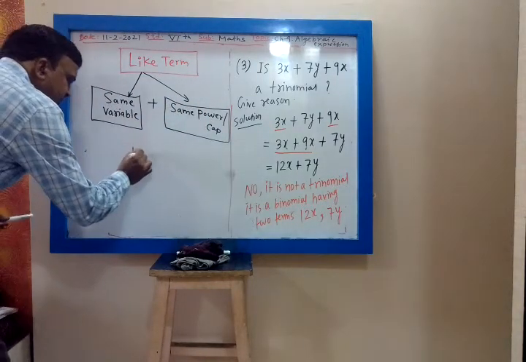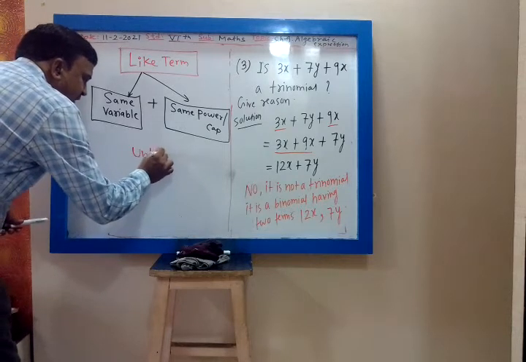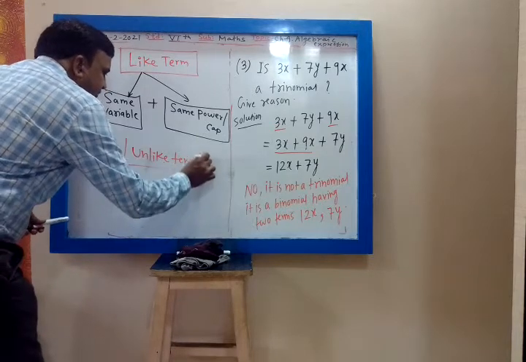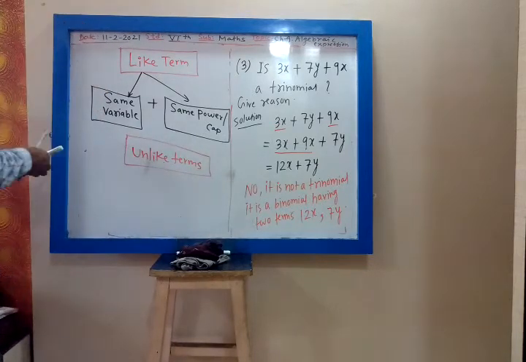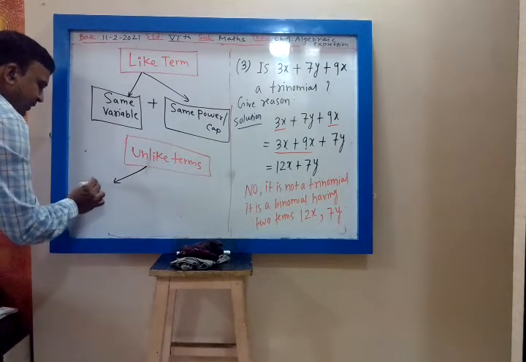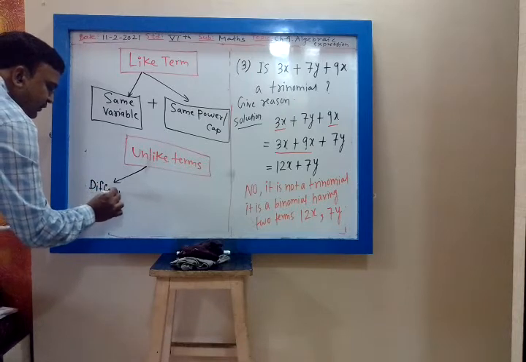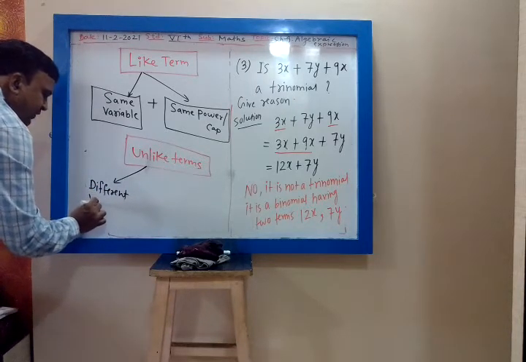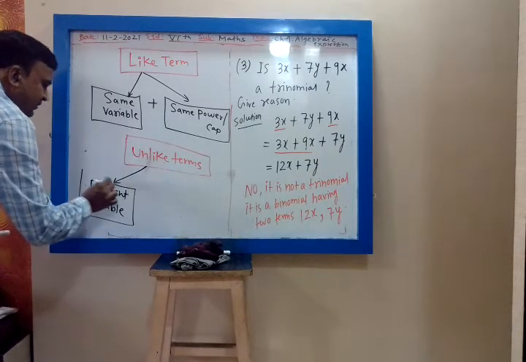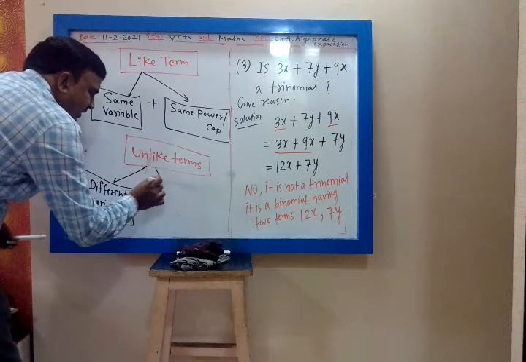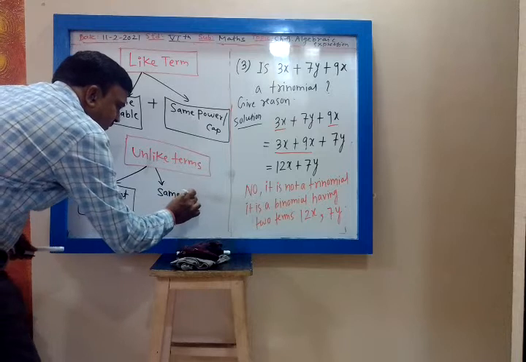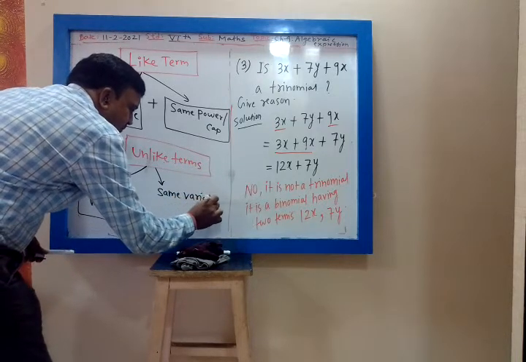Unlike terms means they have different variables. Different variables mean unlike terms. Second, same variable but different power.